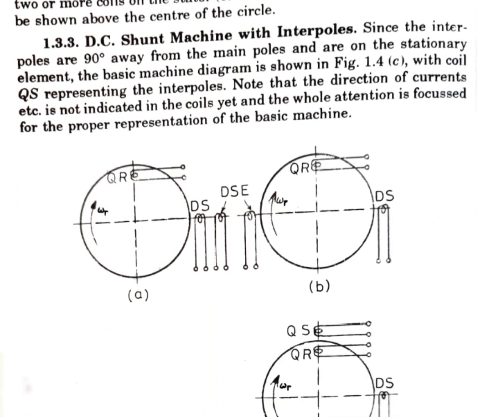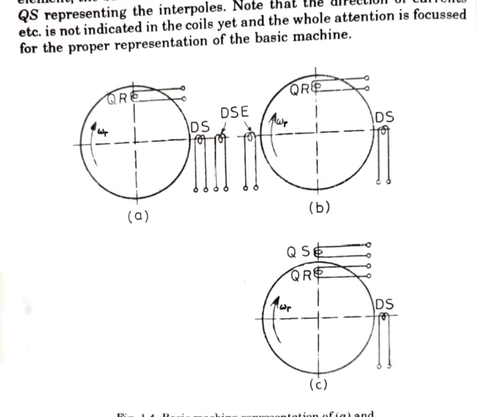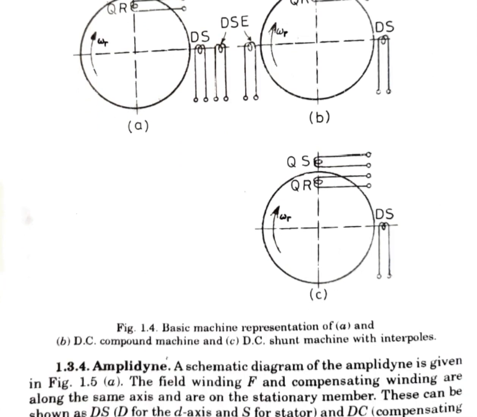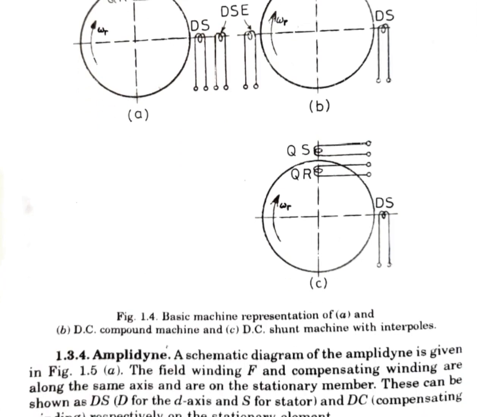After that, we had seen the DC machines with interpoles, where another small pole is kept between the two poles, at 90 degrees, and as we had discussed, it was 90 degrees electrical, not 90 degrees mechanical.